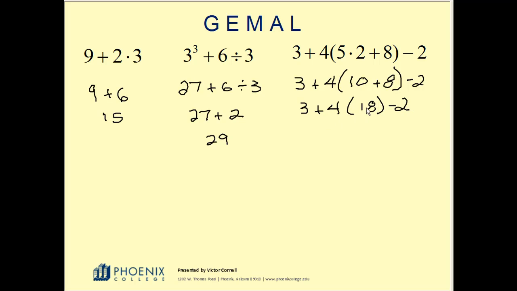Next would be exponents. There are none, so you do multiplication or division as it occurs from left to right. So you multiply here. 4 times 18 would be 72. And then addition and subtraction as it occurs from left to right. 3 plus 72 is 75, and then 75 minus 2 would be 73.